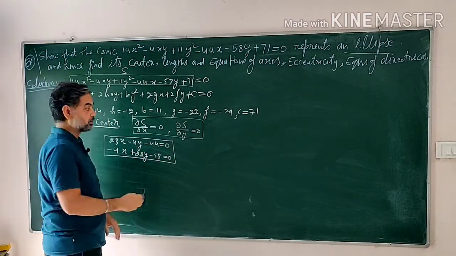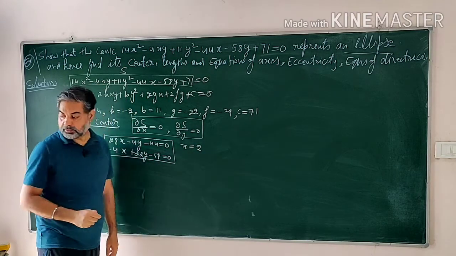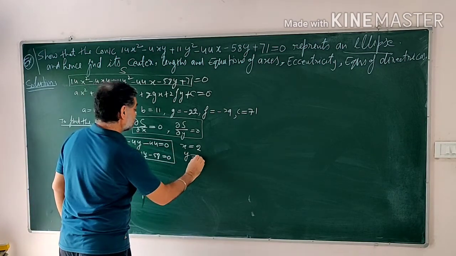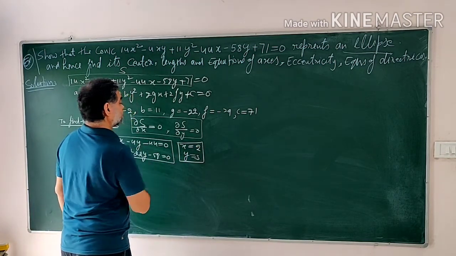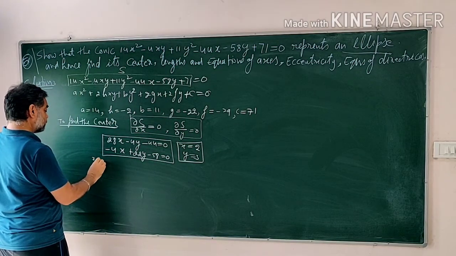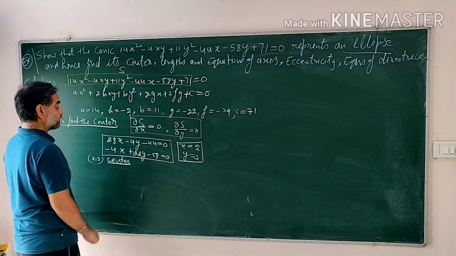We simultaneously solve these two equations, and they give us x equal to 2 and y equal to 3. So this implies 2, 3 is the center of the conic.